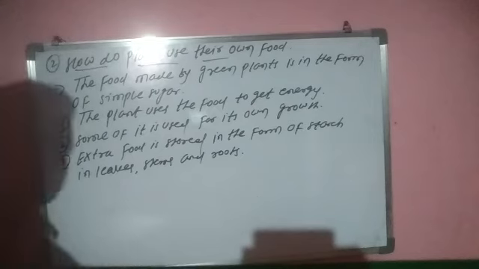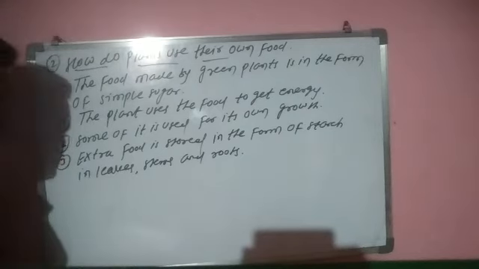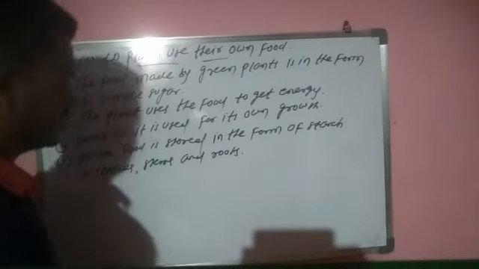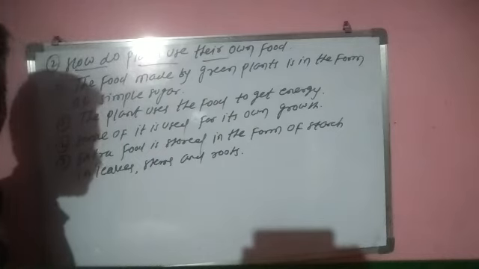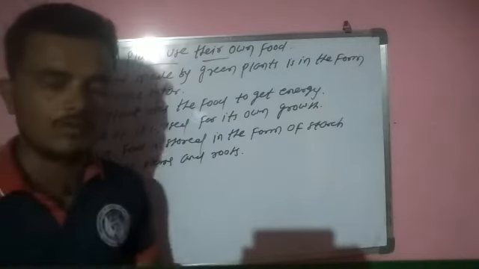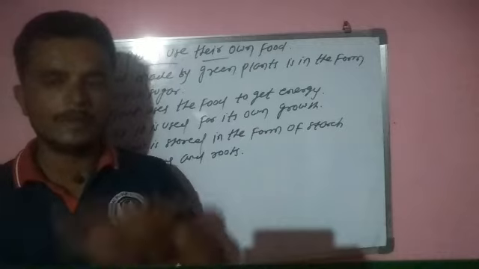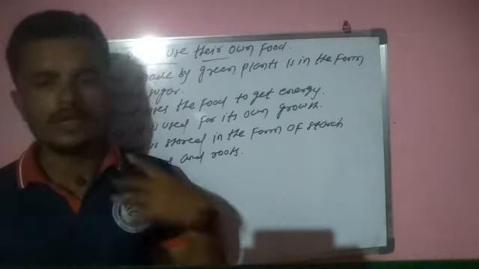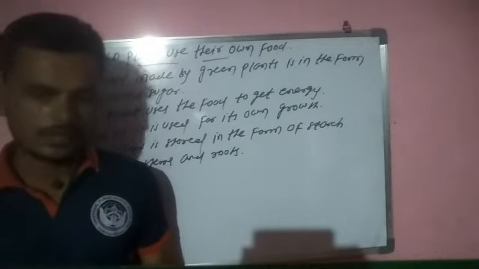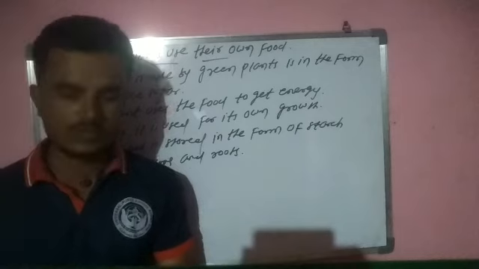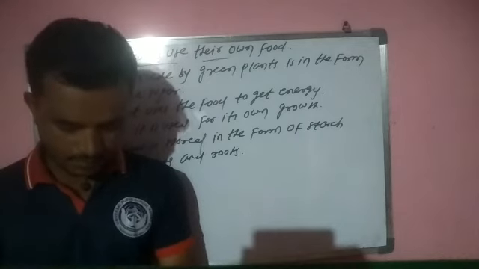Understand? So extra food is stored in the form of a stock in leaves, stems and the root. So this is how plants use their own food. Understand? So how do plants use their own food?